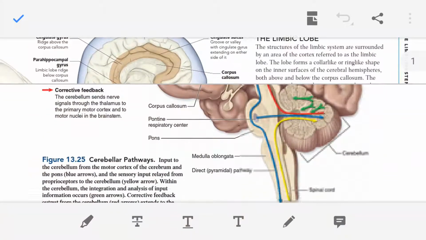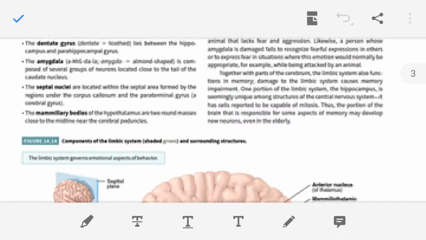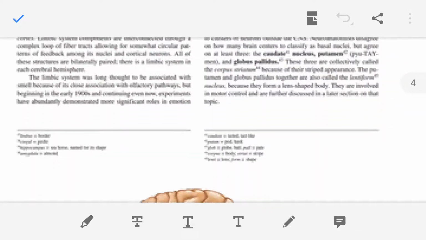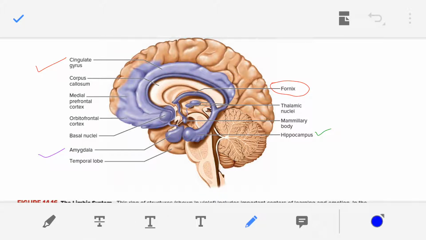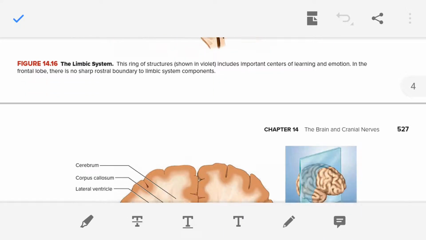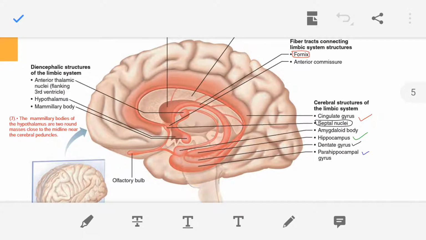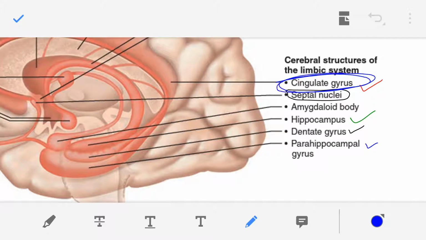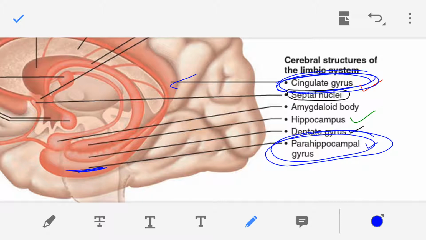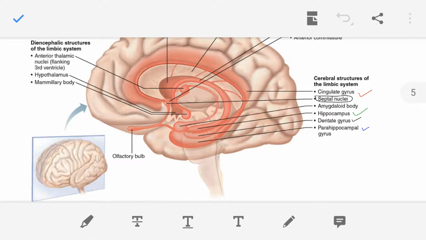Okay, cingulate gyrus, this part. Cingulate gyrus, parahippocampal gyrus. So this one is the cingulate, and this part is the parahippocampal gyrus.